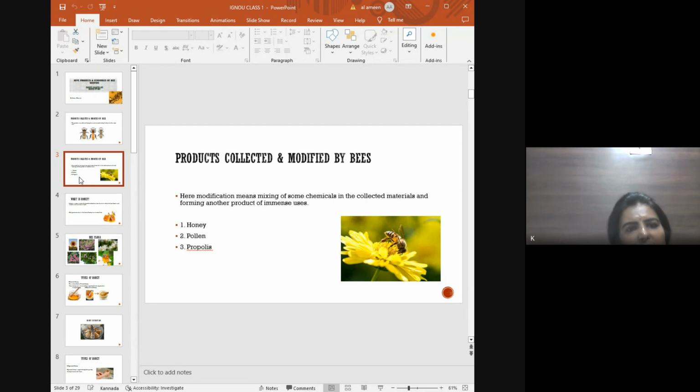Okay, so the first one is the honey. All of you are aware of honey, how honey is got. The bees go to different flowers, collect nectar and bring it back. If you observe a honeybee and there are multiple different kinds of flowering plants close by, you know what the honeybee does?